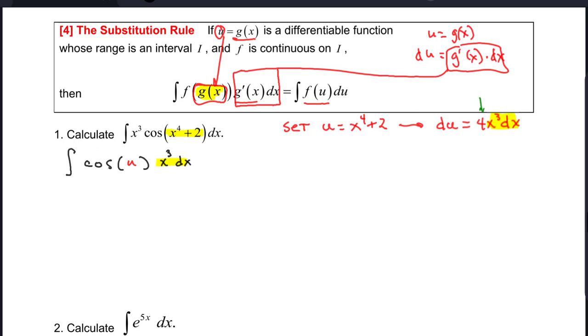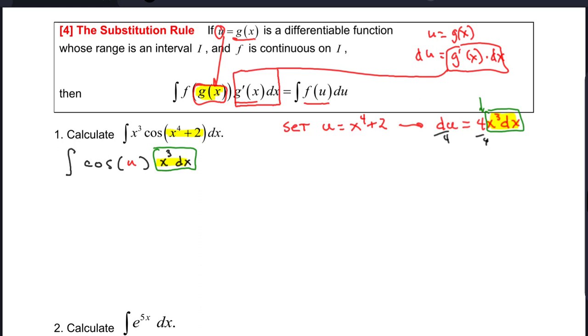So here's where we're going to get a little bit creative. What I need is x cubed dx. I need to find a replacement for that. And so this expression has the x cubed dx. So if I isolate that, I'm going to have a substitution. And I'm going to isolate that by dividing by 4 on both sides.